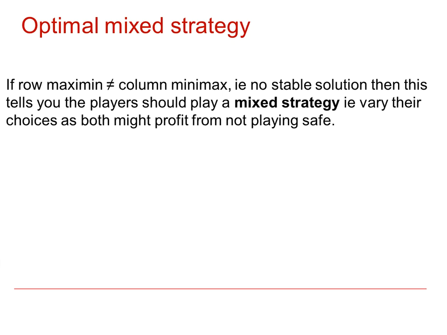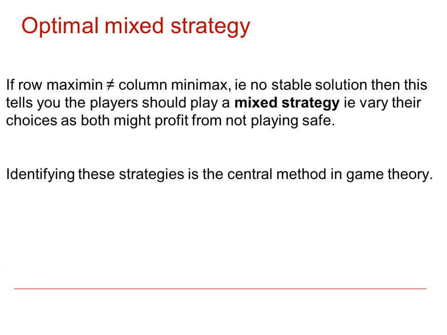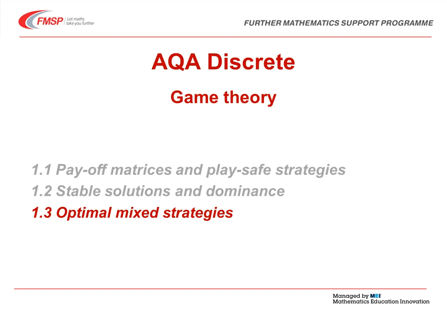And it's this mixed strategy which then becomes the central idea of game theory and trying to decide which strategies you should play and how often to maximize your outcome. And that we will consider in the next video. So optimum mixed strategies is to be considered in the next video, 1.3.